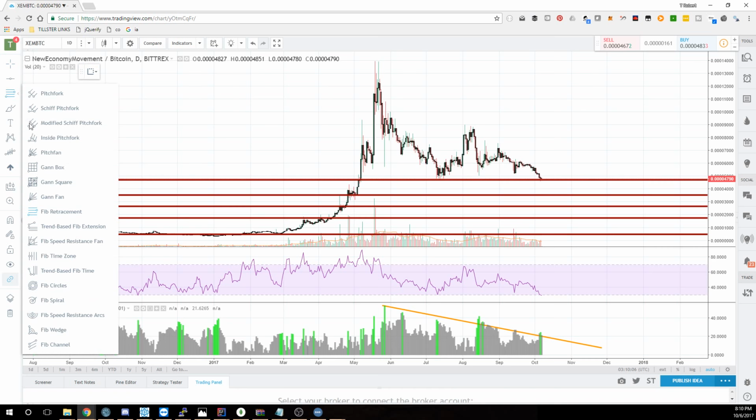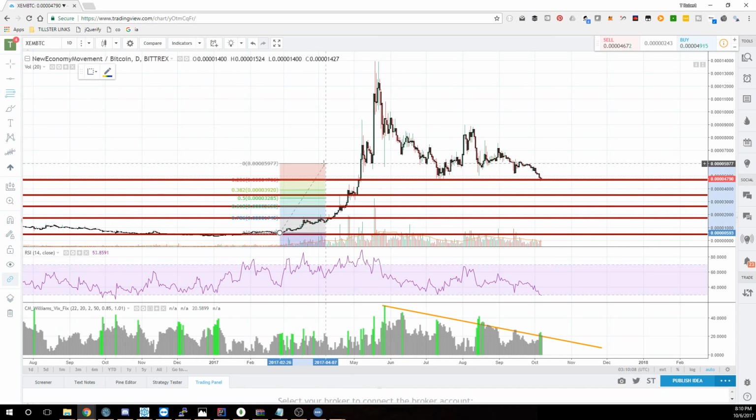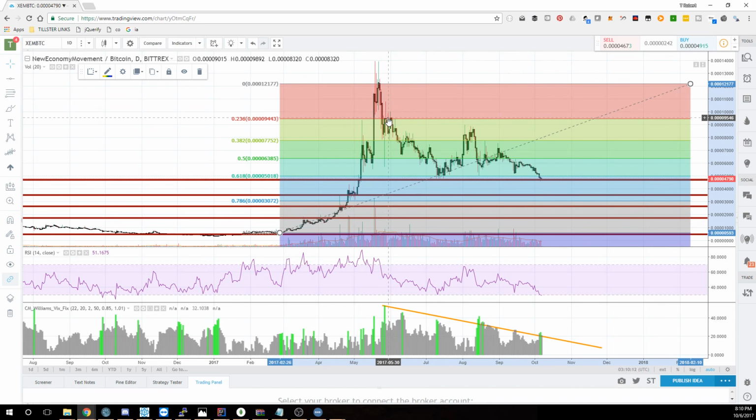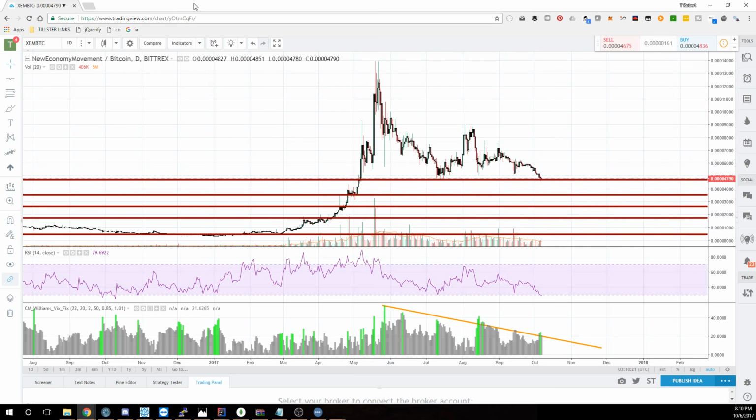What about the retracement? We can see that this got touched, this got respected, this got respected. The retracement's entirely valid for this market. What about the extension?